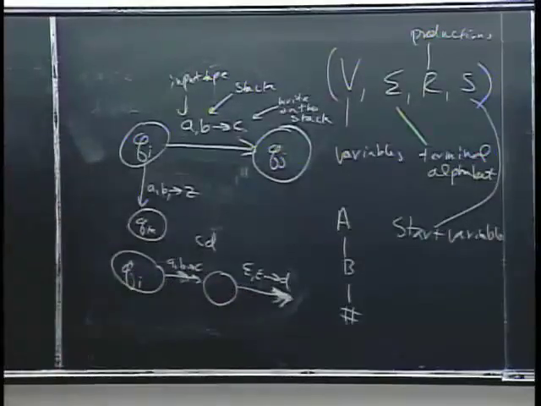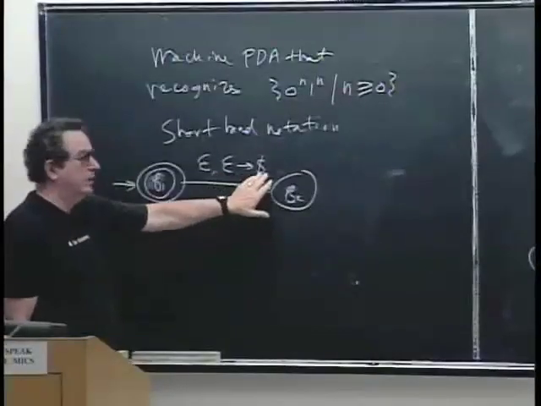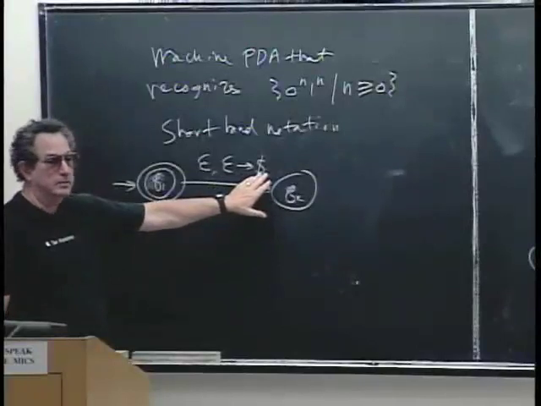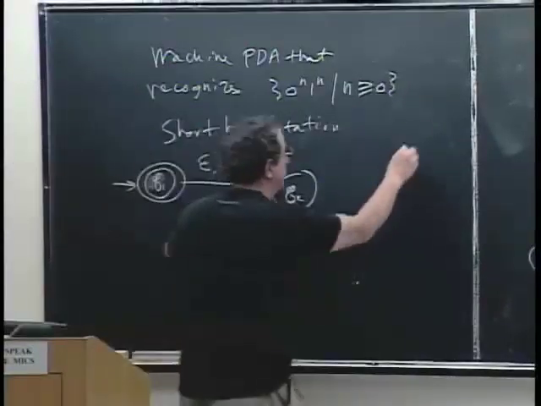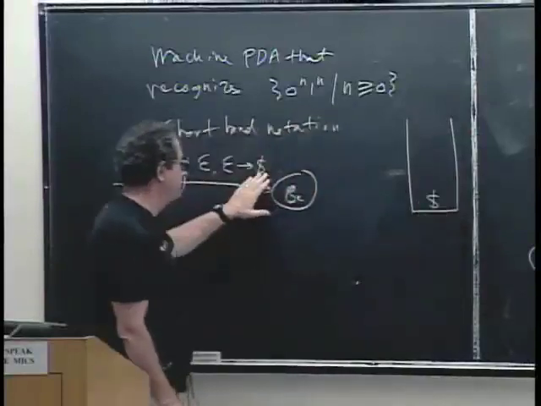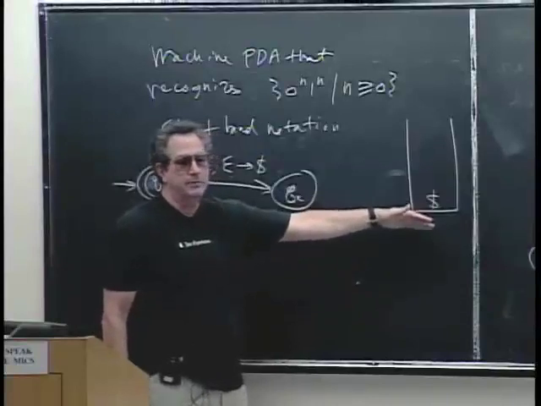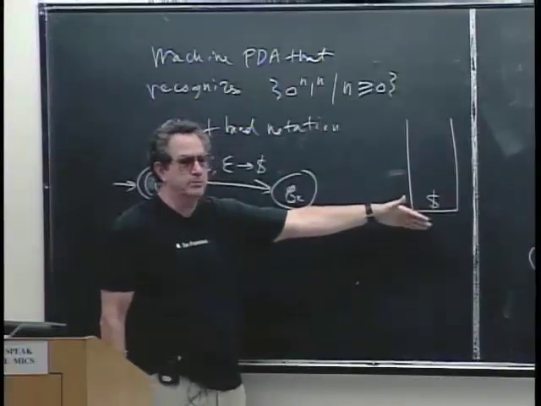So what this is doing is initially, this is the start state. Initially it's not looking at the input, it's not looking at the stack, but it's writing a $ onto the stack. So I mentioned this earlier, this is how the book, or how this notation, this formalization, is going to be able to detect the bottom of the stack, that is when the stack is really empty.